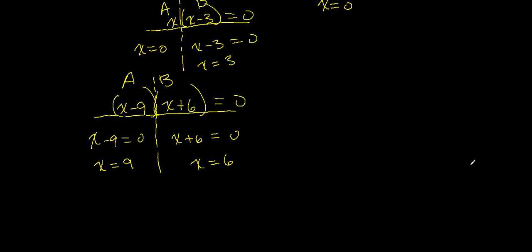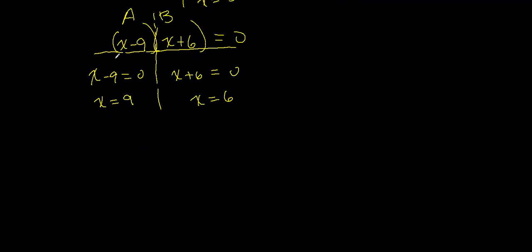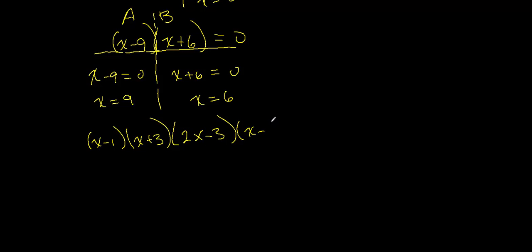And we can actually expand this as many times as we need to. For example, suppose we have something like x minus 1, x plus 3, 2x minus 3, x minus a third, and so on.